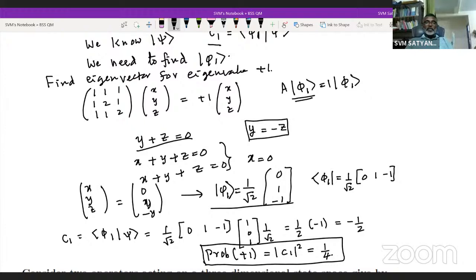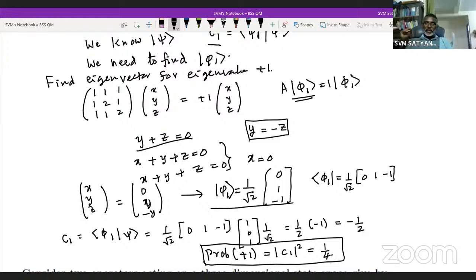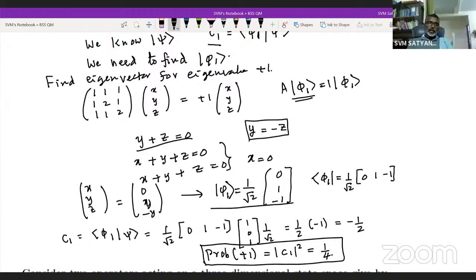Because two eigenvalues will be the same, probably. Okay, so that means there may be another vector which has the same eigenvalue. Yes, sir. But then confusion arises. How will we do that?